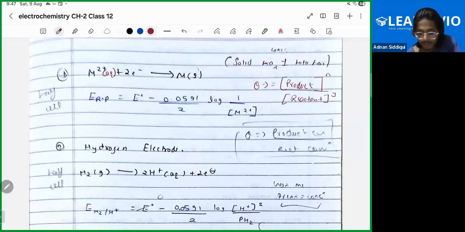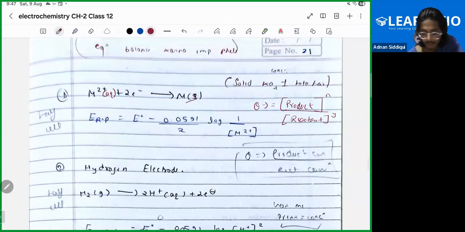So here this is a solid. If you have to write the reaction quotient, you will write M solid divided by, the stoichiometry is one, so we put the one above it. Then here we have M2+ to the power 1.